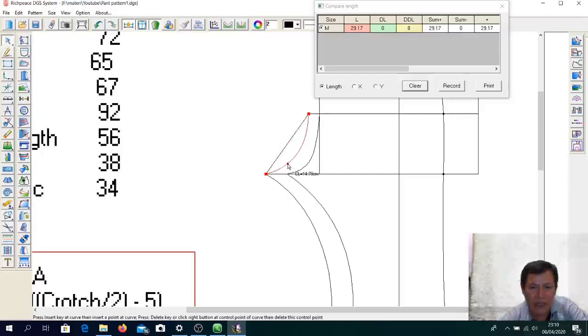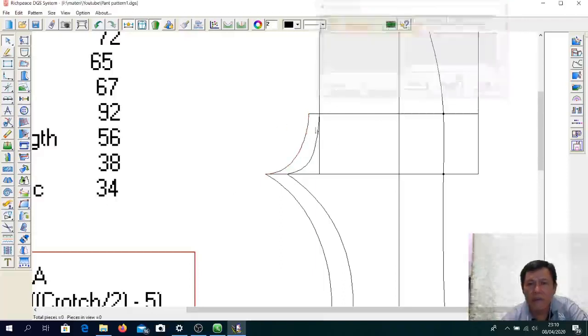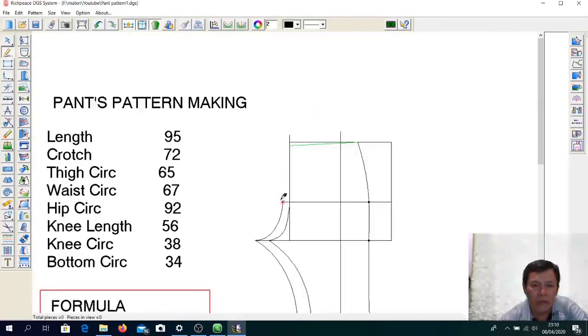Okay, and then we join this to 2 cm, and then for this using blue.